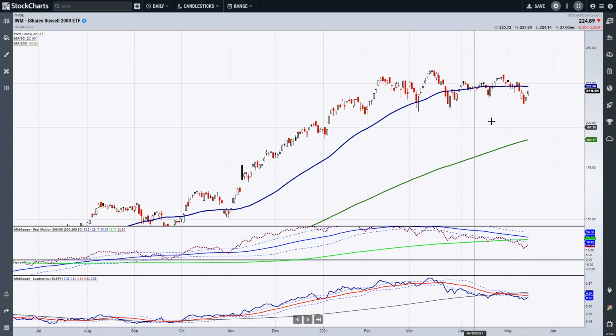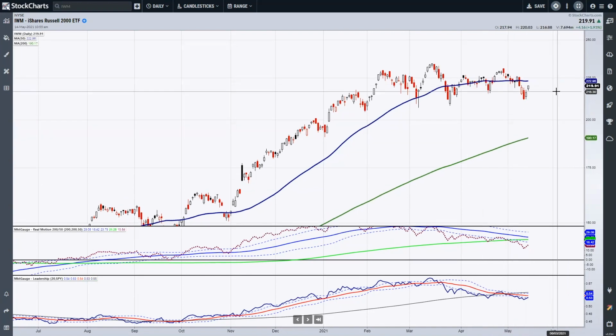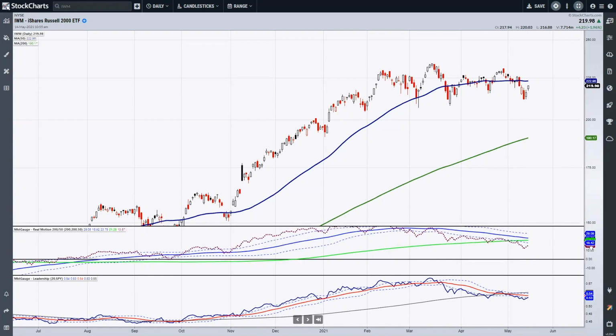What would put us out of the woods, particularly in the IWM, would be two closes back over, let's call it 223. That would put it back into a bullish phase. And I think after this correction, especially if we see the momentum increase, that would mean that regardless of all the doom and gloom, this market is still ready to go up.